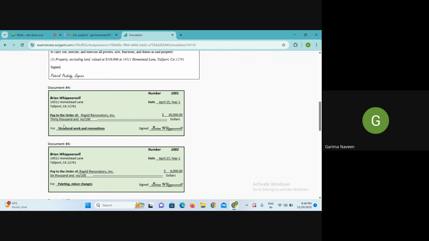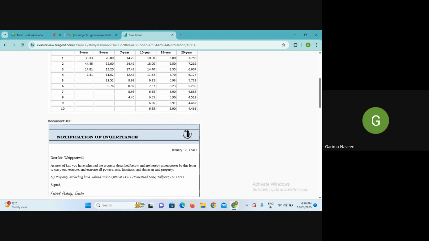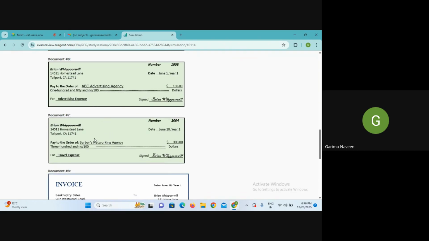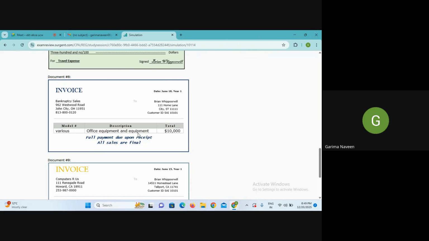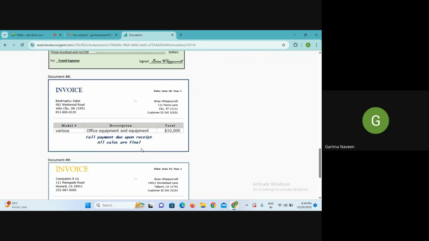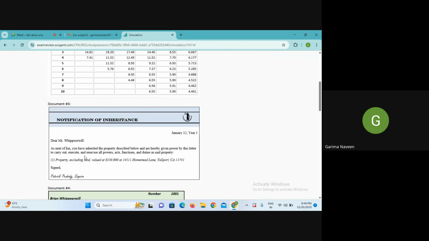Anything related to this brand, Whirlpool? Rapid renovators, advertising, network agency. So this is property, plant, and equipment. Okay, so only information related to building is here.